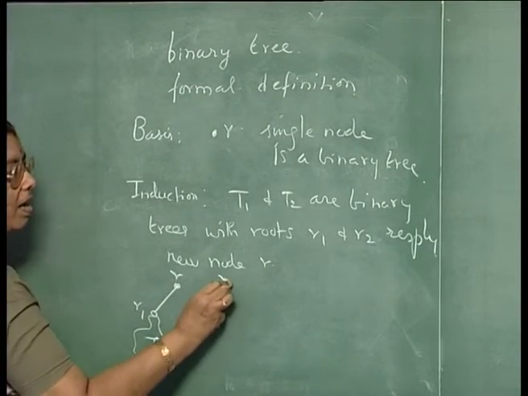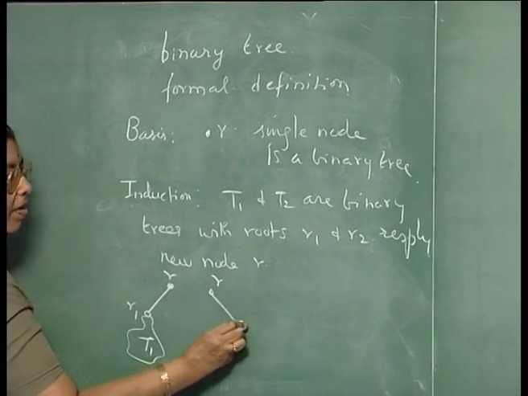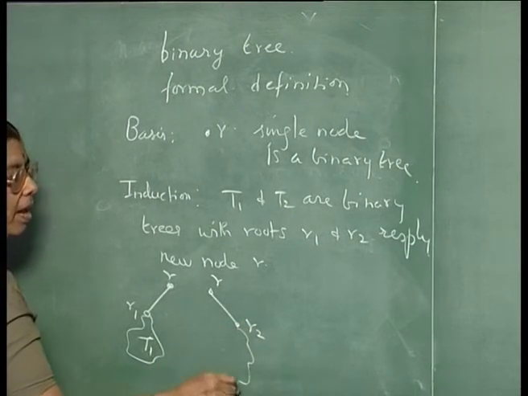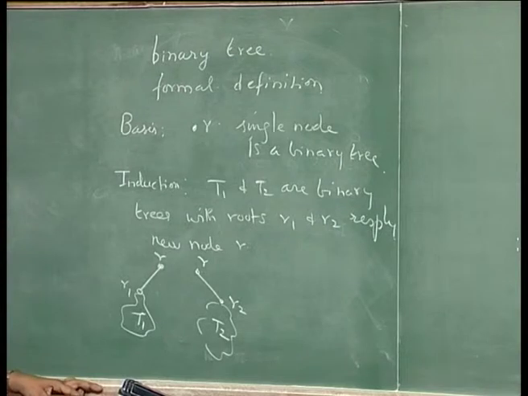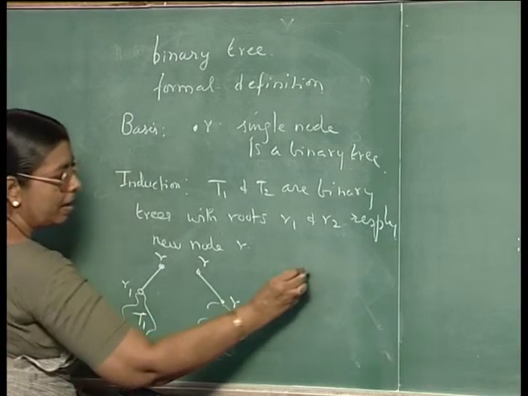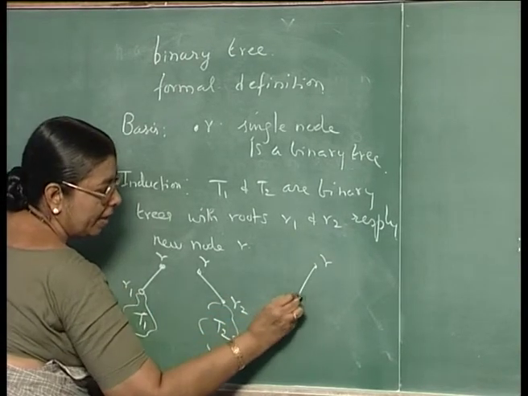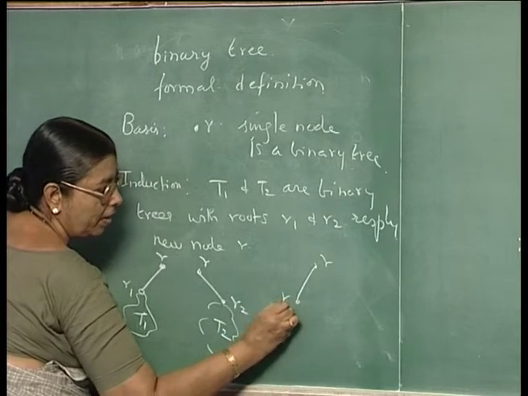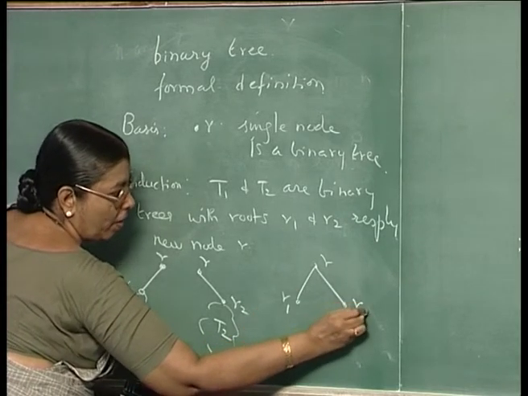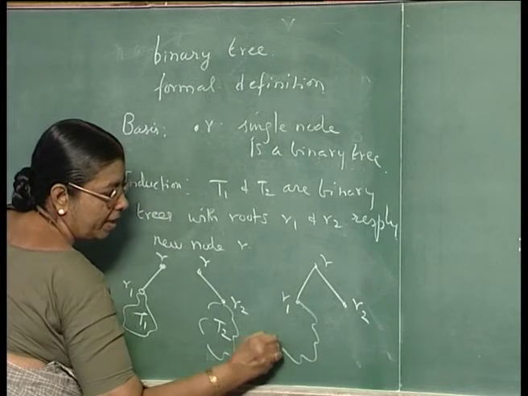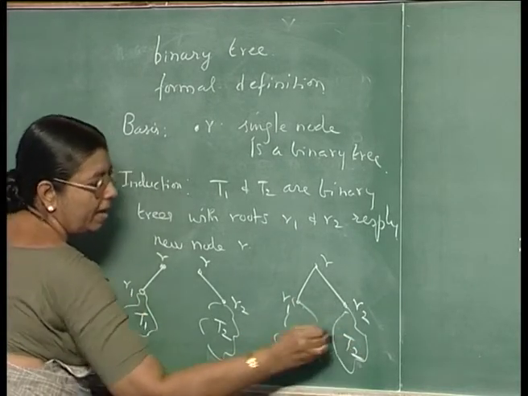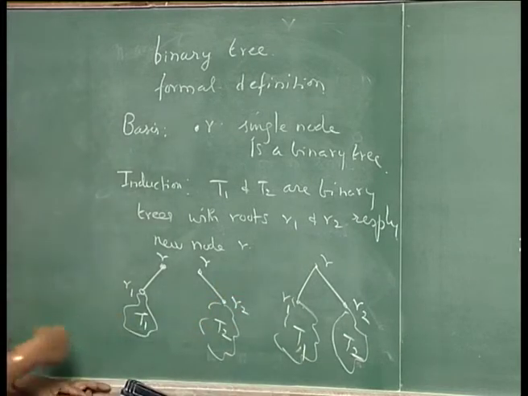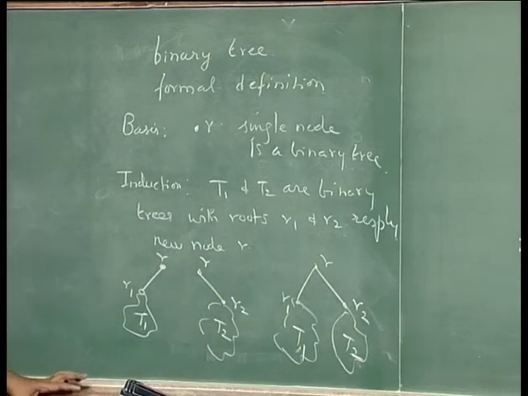Then R with a right arc to R2 and the tree T2 is a binary tree. And R along with an arc to R1 and an arc to R2 with the trees T1 and T2 is also a binary tree.